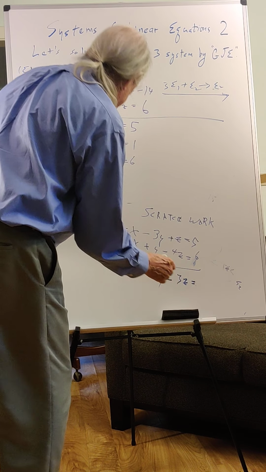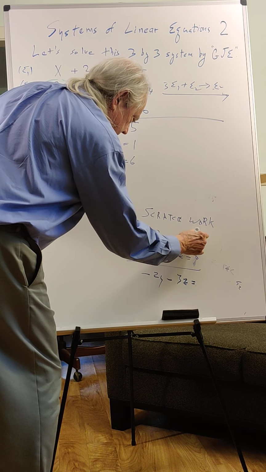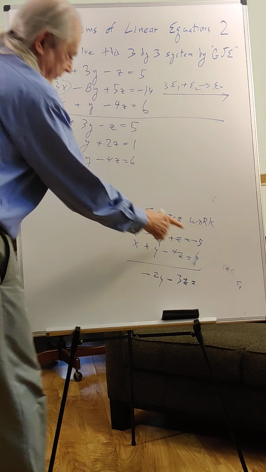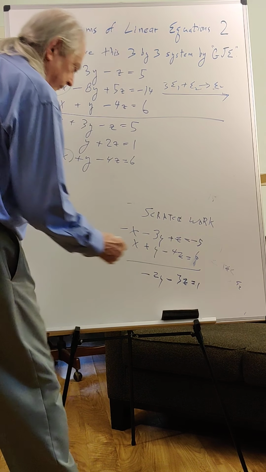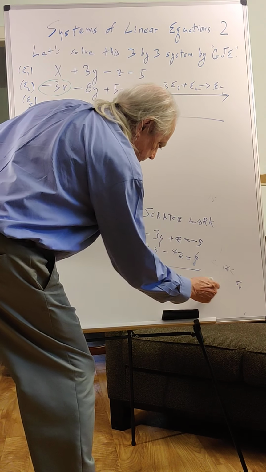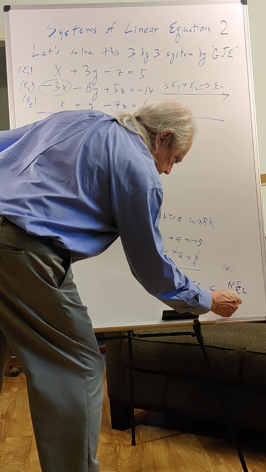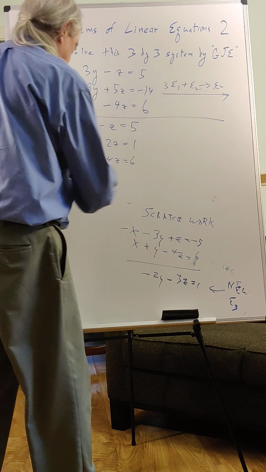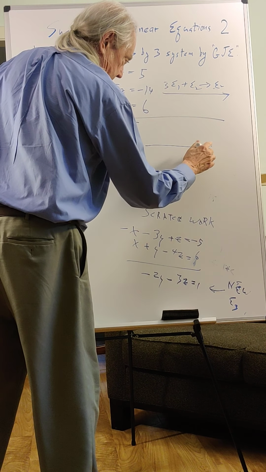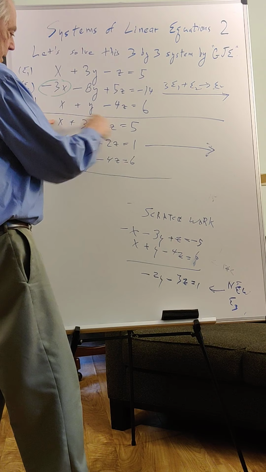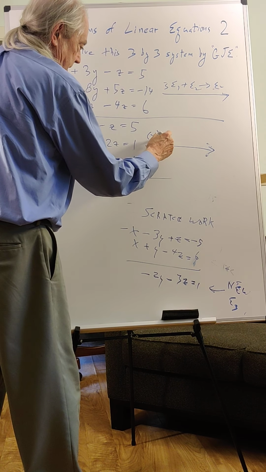And 5, and I missed another sign change. So -5 plus 6 is 1. So this is the new E3. Okay, so what was the operation here? We multiplied E1 by -1 and added it to E3.